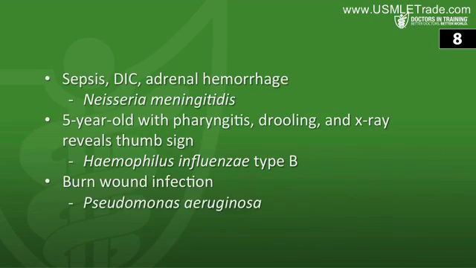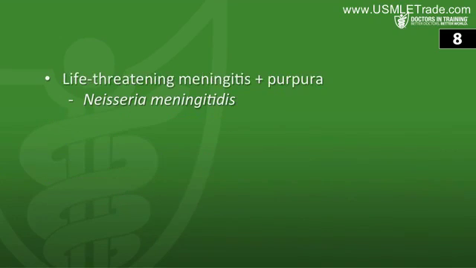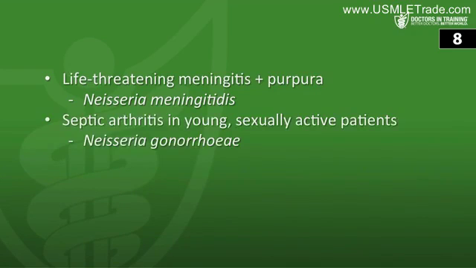Burn wound infection. This is classically Pseudomonas. Life-threatening meningitis plus purpura. Again, you need to think Neisseria meningitidis. Septic arthritis in young sexually active patients. Remember Neisseria gonorrhoeae. And that is it for our end-of-session quiz, and that's it for our first session on gram-negative bacteria. I'll see you next time.